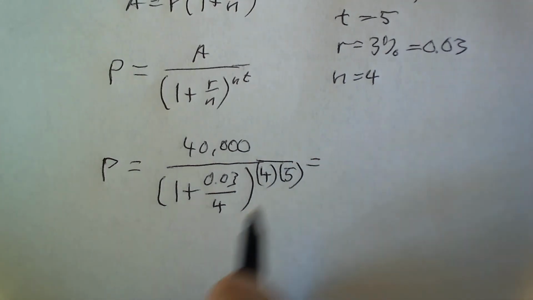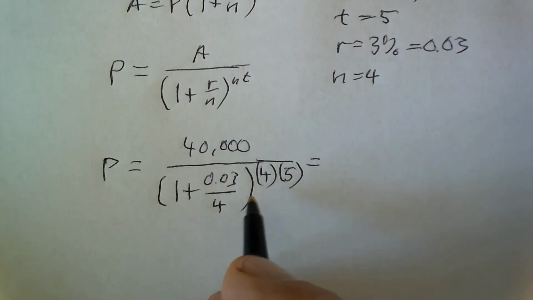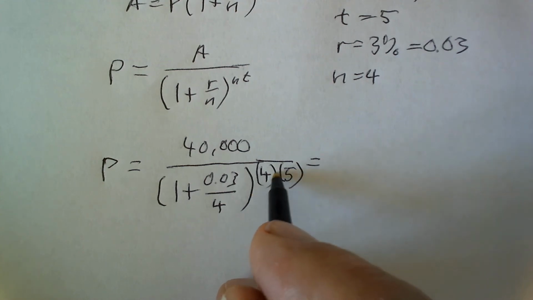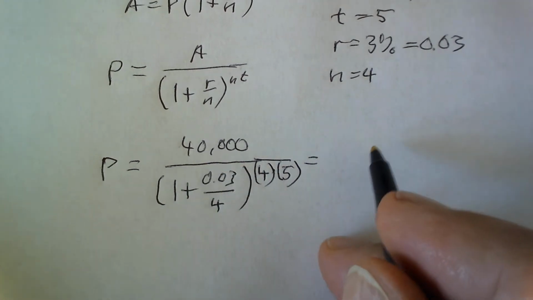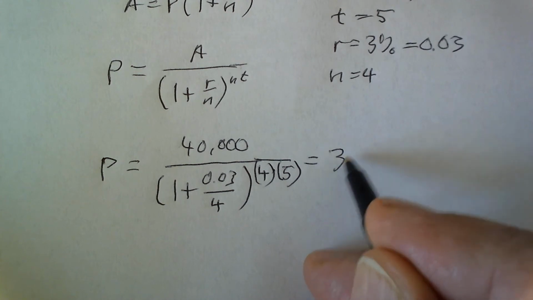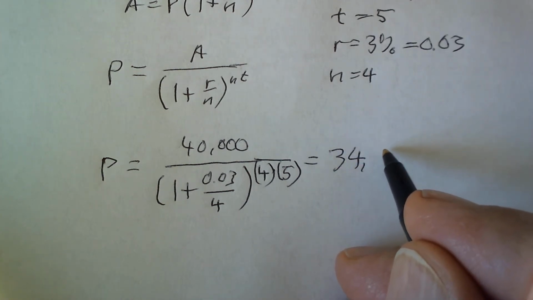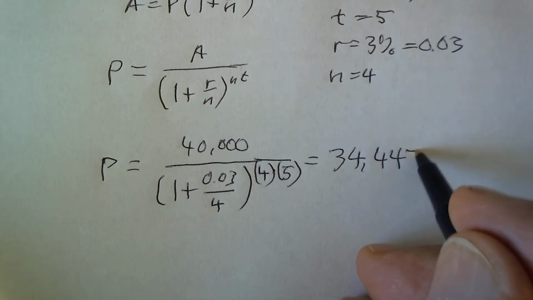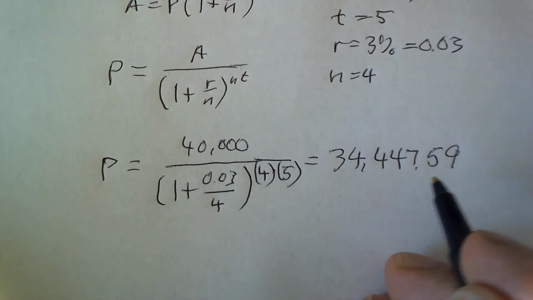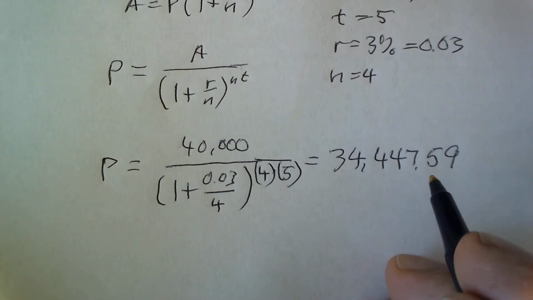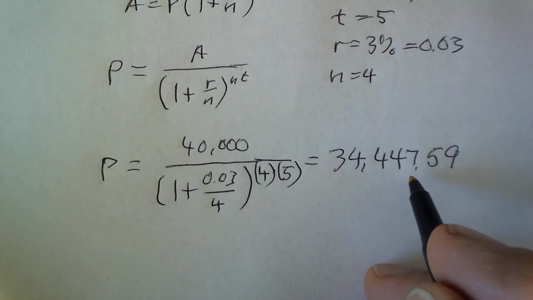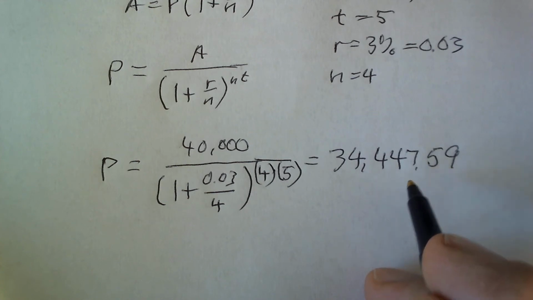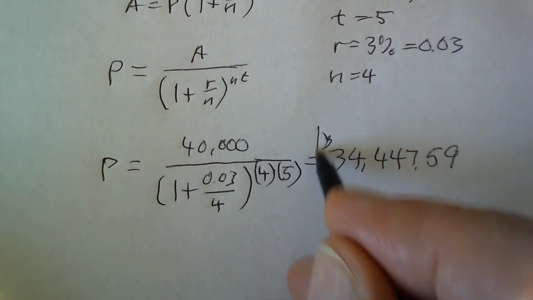And when you do this correctly, you evaluate the expression in parentheses, raise it to the 20th power because 4 times 5 is 20, and last you divide that into 40,000, that would be equal to $34,447.59 that you would invest right now. Then in 5 years at 3% compounded quarterly, she would have her 40,000 that she would need at that time. So that's what needs to be deposited today.